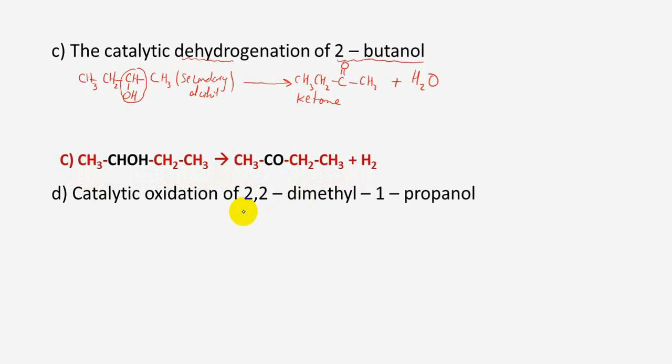For catalytic oxidation, we have catalytic oxidation of 1-propanol. At position number one we have a primary alcohol. In this example, I don't mention if there is an oxygen gas or not.